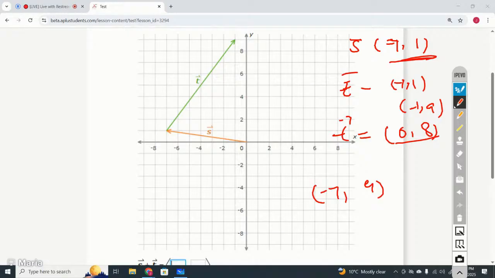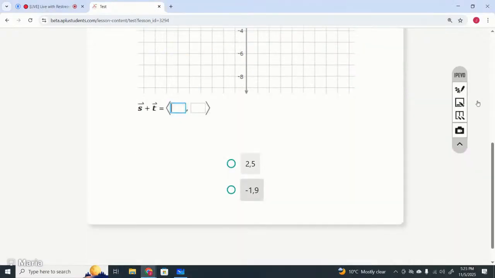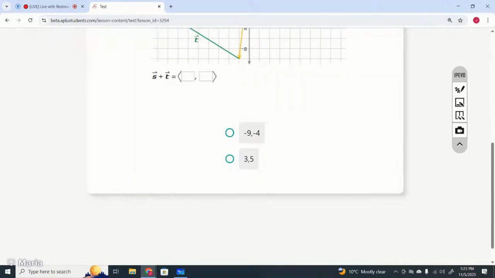So that is negative 7 and 9. The correct option is negative 1 and 9. Sorry, not negative 7. That is negative 1 and 9. Option number 2 is the correct option.